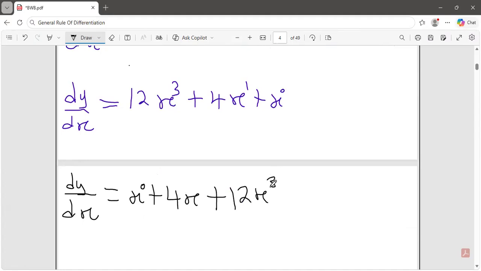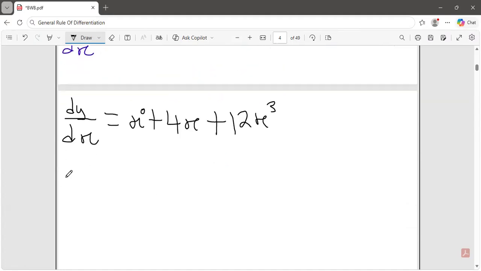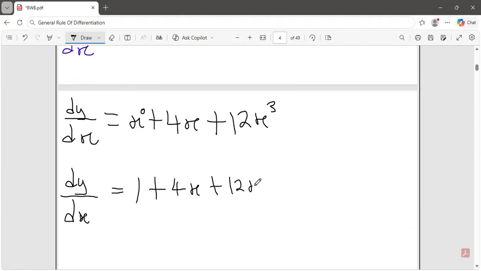exponent 3. The laws of engineering mathematics are the same for all observers in uniform motion relative to one another. So no matter how we apply them, if we are only speaking the truth, they will always work well. So this is going to give us 1, plus 4x plus 12x cube.